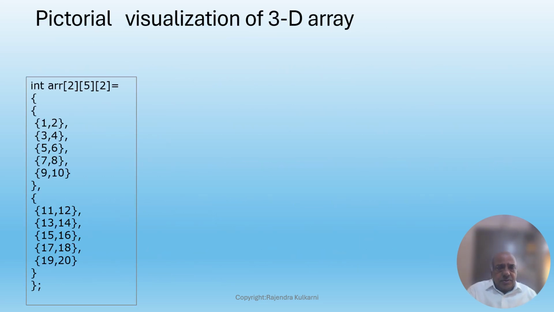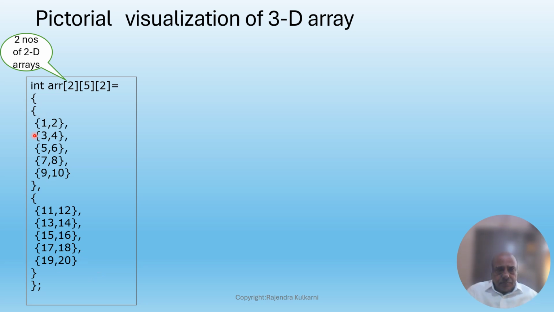How we see it pictorially? int ARR[2][5][2] is declared and initialized here with int constants.